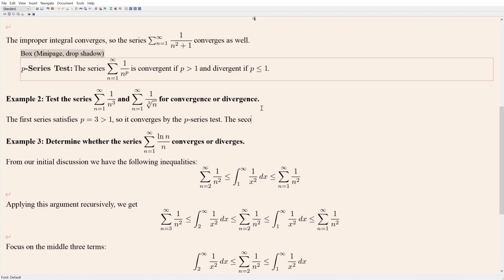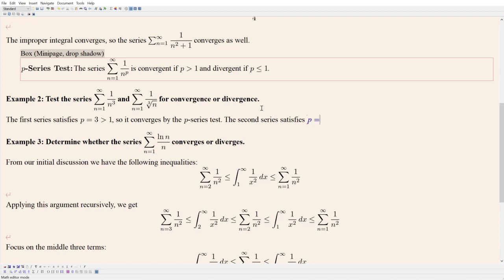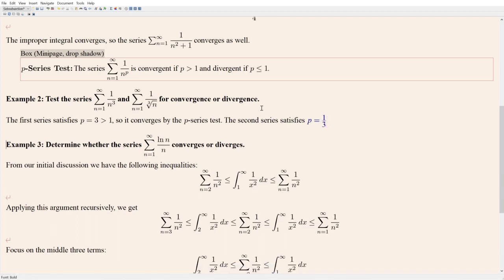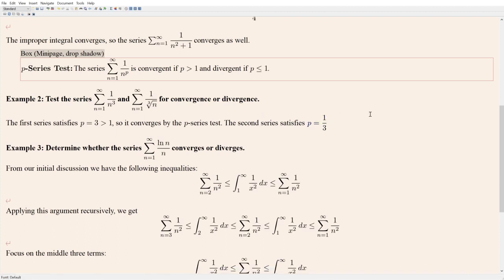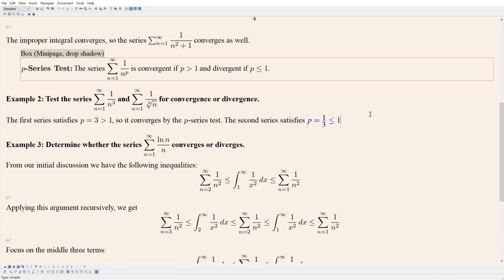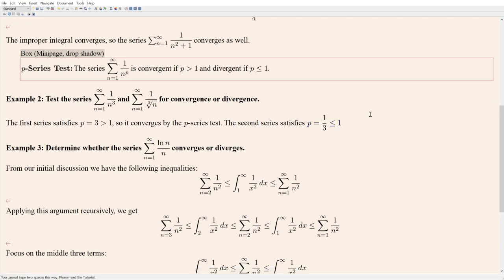The second series satisfies p equals 1/3, which is indeed less than or equal to 1, so it diverges by the P-series test. So this is definitely worth memorizing right now, because yeah, it makes certain problems just completely trivial.